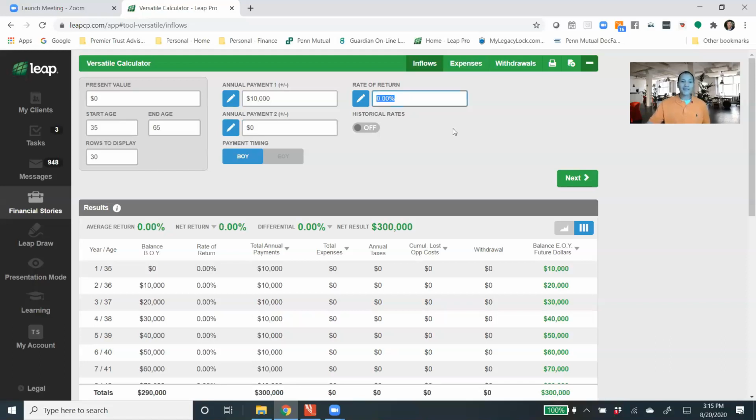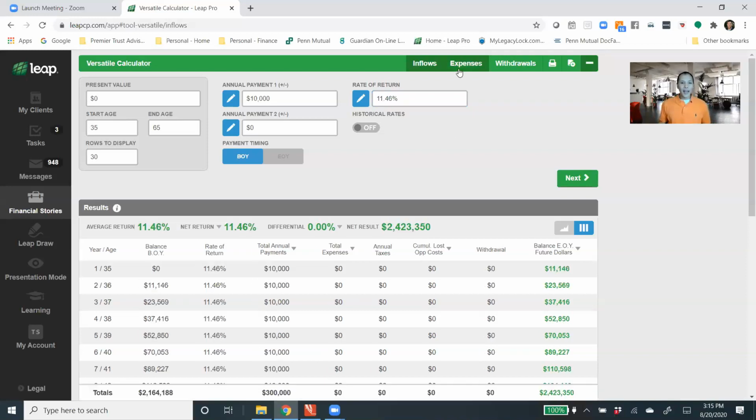That's obviously a very specific number, but as we go along, you'll see why that matters. So if they were able to do that, 11.46%, pretty healthy, results in a $2.4 million account. Pretty good. Something they can retire on. It's a pretty healthy number.